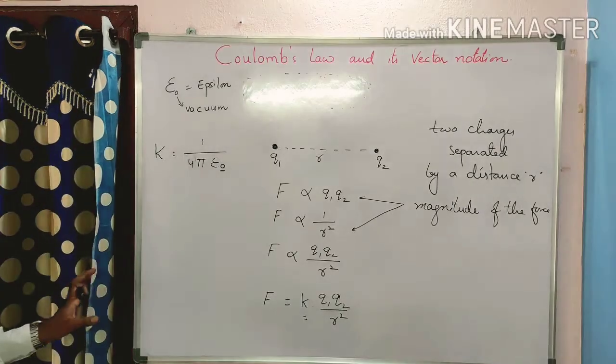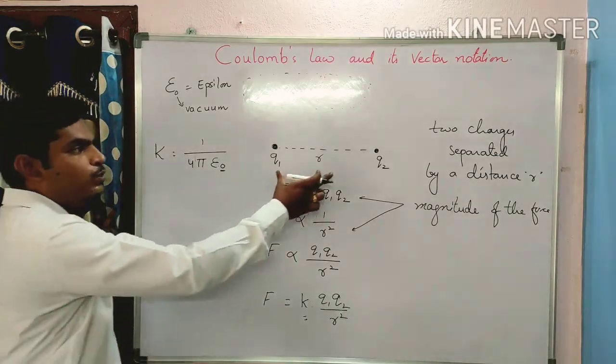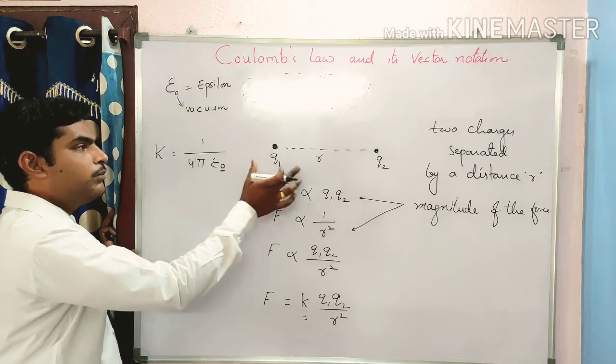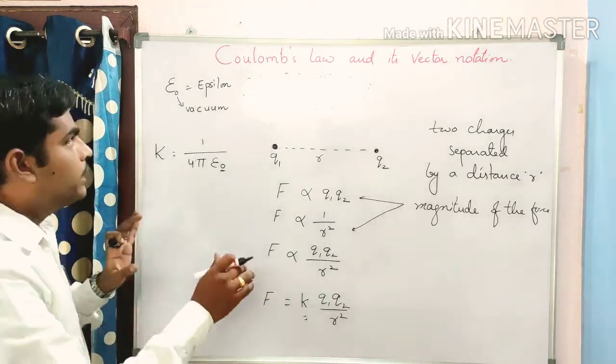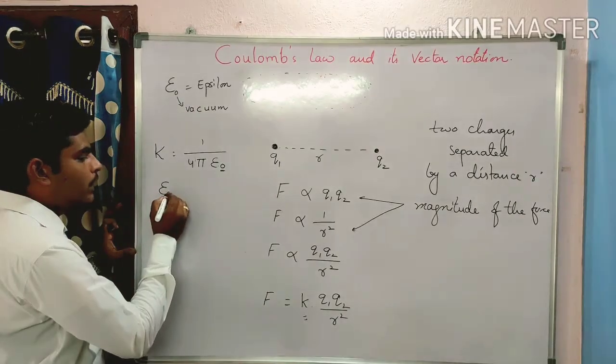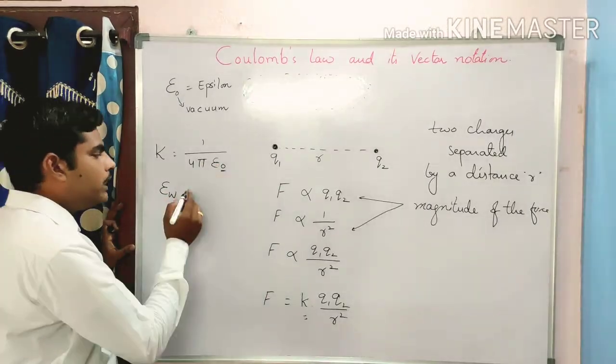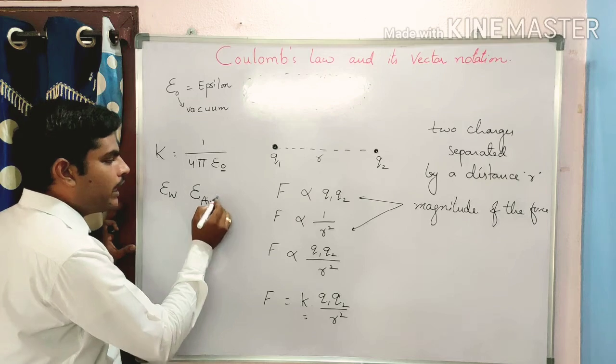If you take these two charges in any medium, for example in water, then we write epsilon W. If these two are in air, we write epsilon air.